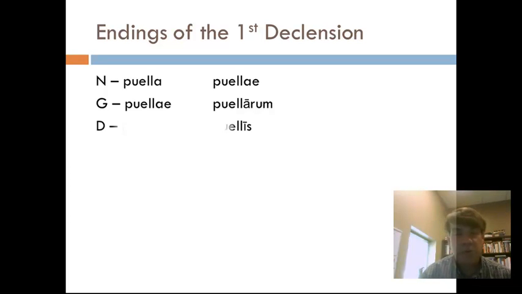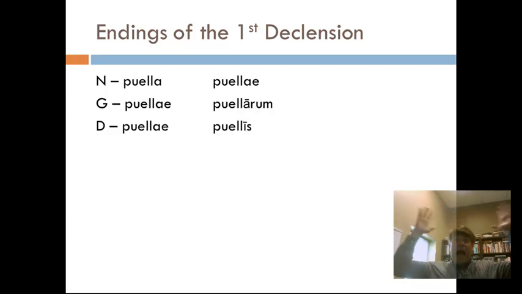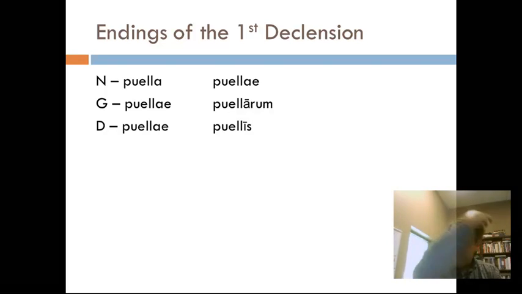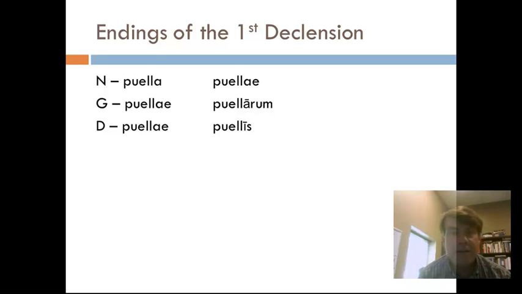And just to make things worse, in the dative it's also puellae in the singular. I'm sorry. There's nothing I can do about it. Basically, you're going to have to use context to determine whether puellae is a nominative plural, a genitive singular, or a dative singular.